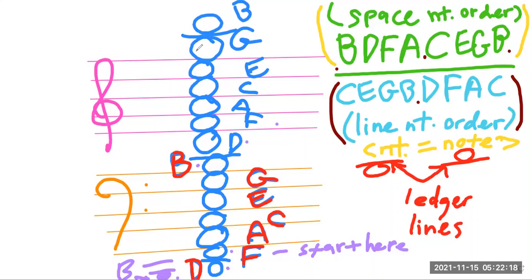Okay, yeah. So let's just remember it this way. So you see where I put the dots?